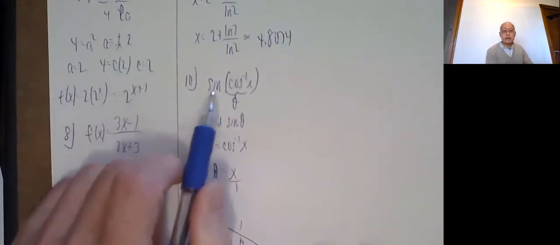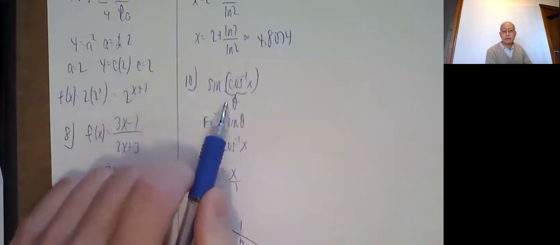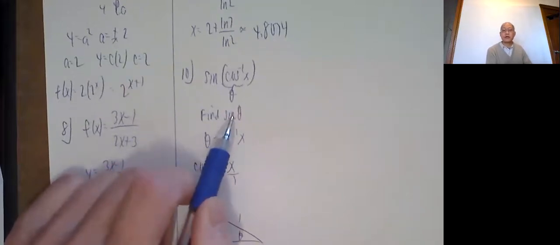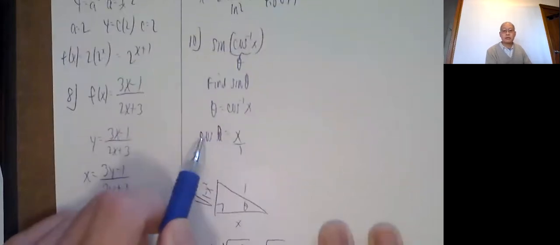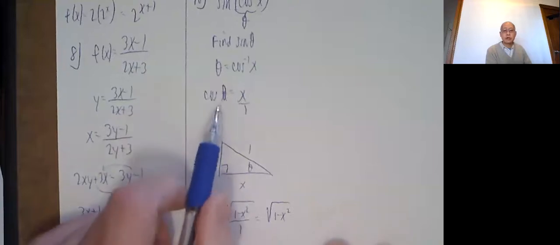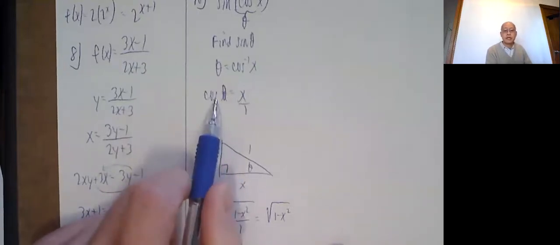Number 10, sine of inverse cosine of x. Call that theta. So ultimately, I'm trying to find sine of theta. Theta is inverse cosine of x, which means cosine of theta is x, x over 1. Do my SOHCAHTOA. So draw a triangle, theta, cosine CAH is adjacent over hypotenuse.